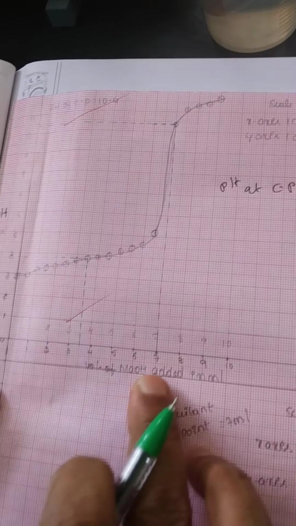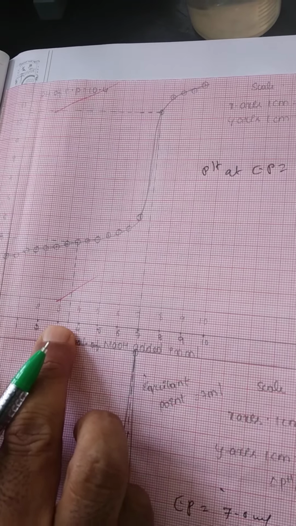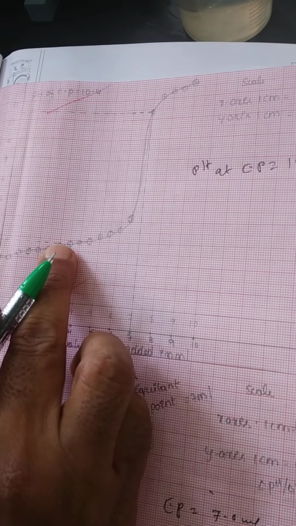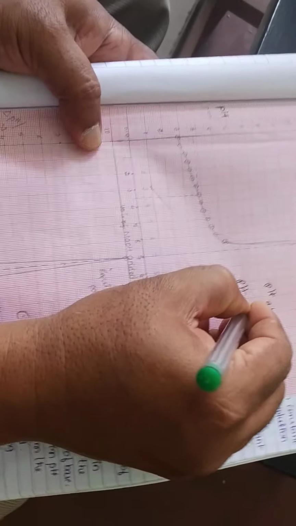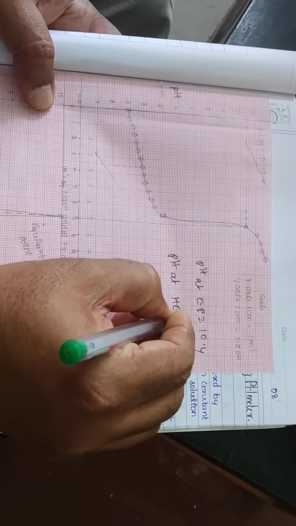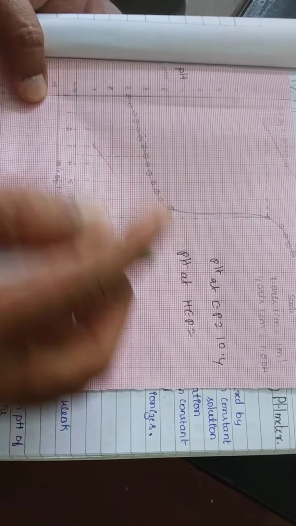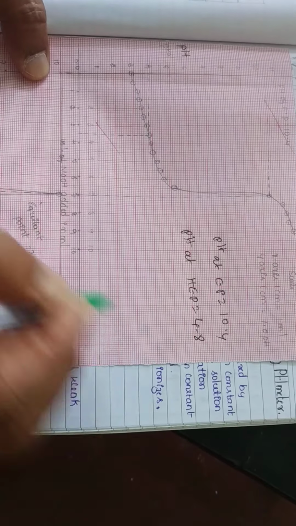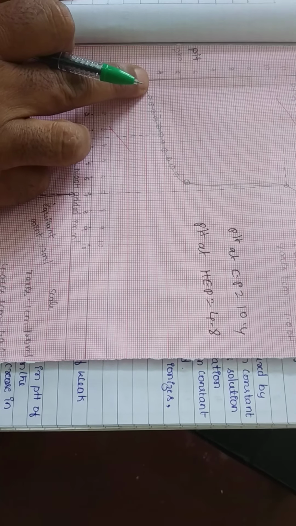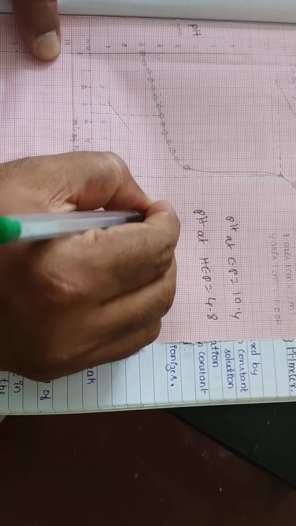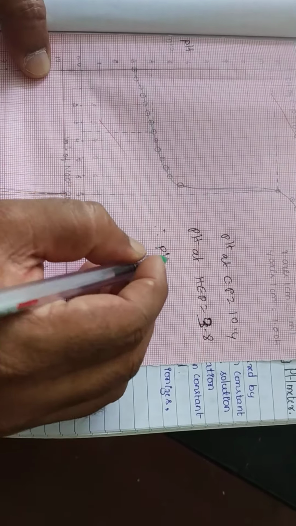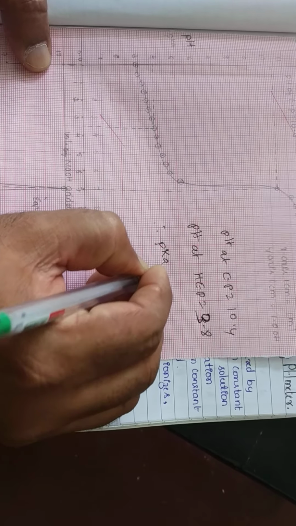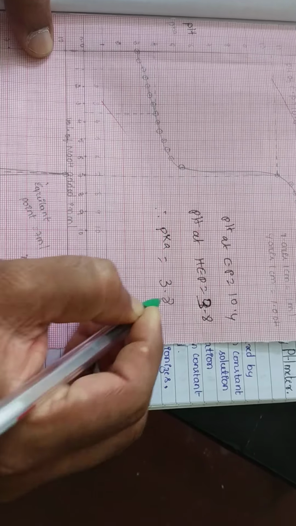Then take the half equivalence point 3.5 ml, draw the perpendicular line, then draw the horizontal line, then read the pH at HEP. The pH at HEP equals 4.8 according to this graph. Therefore, at the half equivalence point pH equals pKa, that is 4.8 is the pK value of the weak acid.